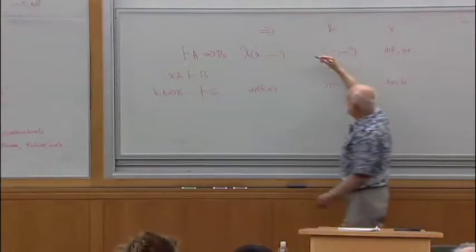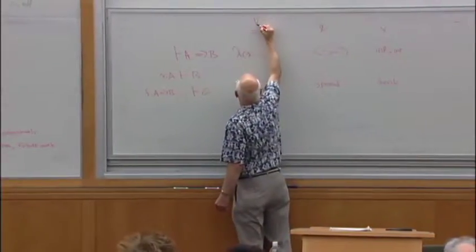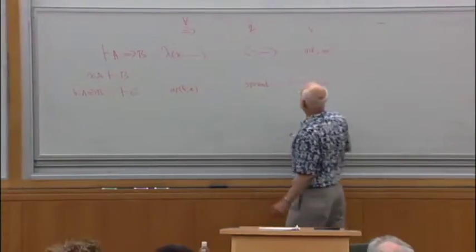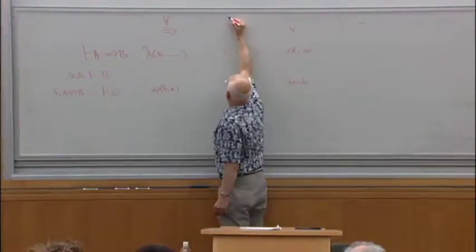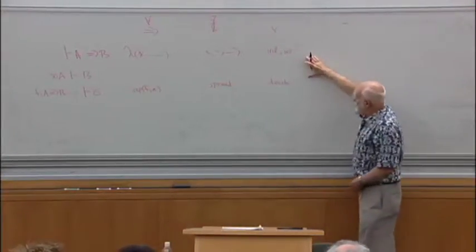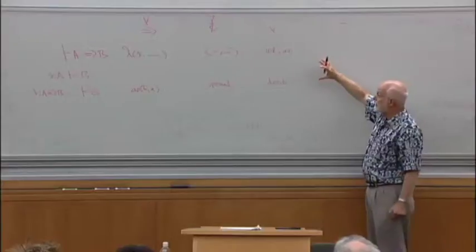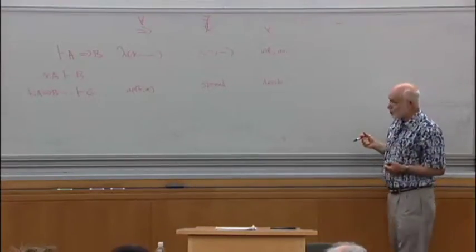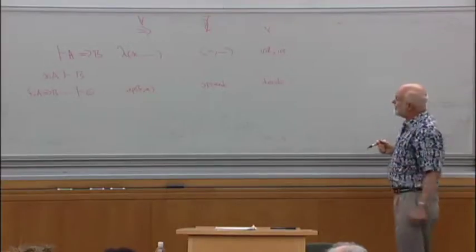When we do for all, we have the same thing exactly: a lambda and an application. And when we do existential, we have the pair. So basically, these are the realizers that we have available when we're doing first-order logic.